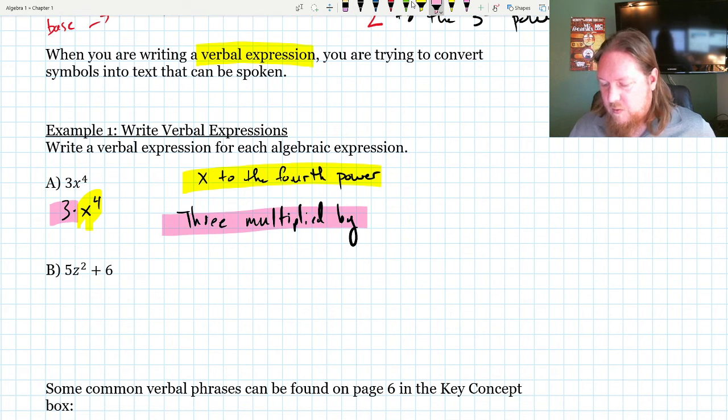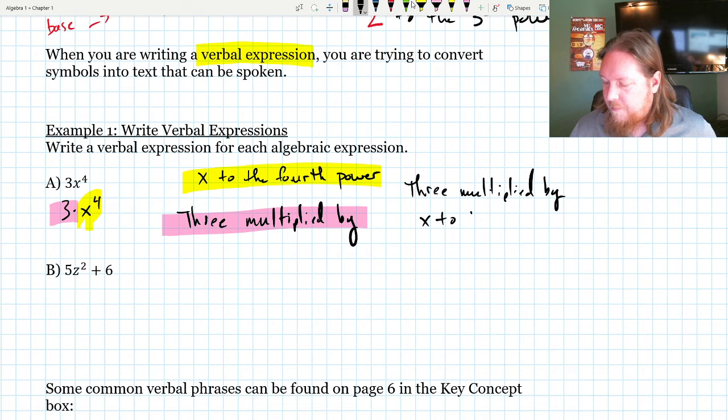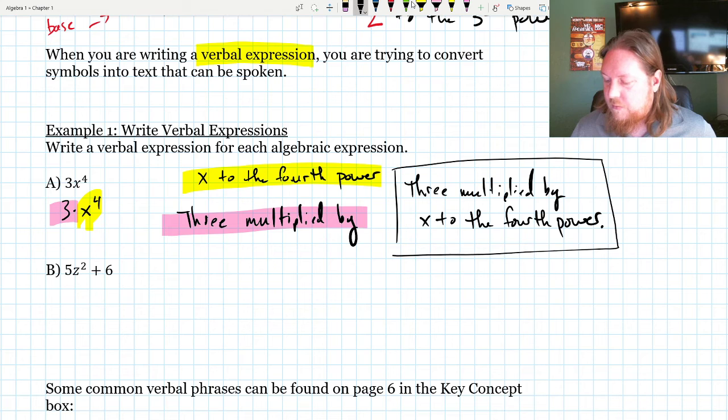So now all I got to do is make sure that these things are combined together properly. 3 multiplied by x to the 4th power. And there is the verbal expression that represents that algebraic expression.